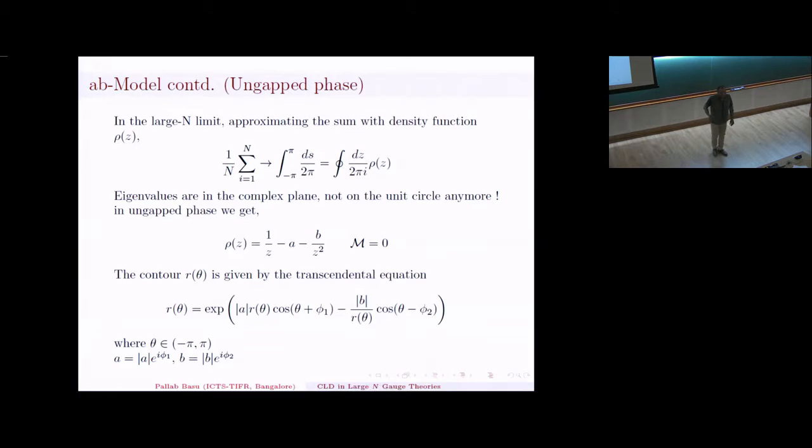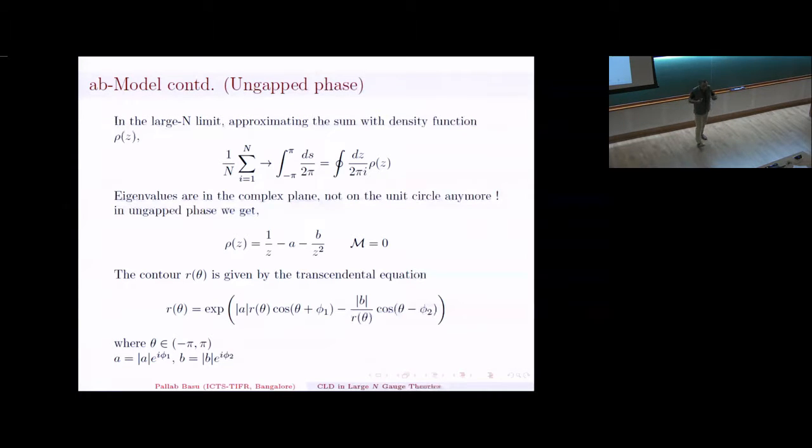What it means is that although we have started with a unitary matrix model, the saddle point eigenvalues lie in the complex plane. This is not something very strange.